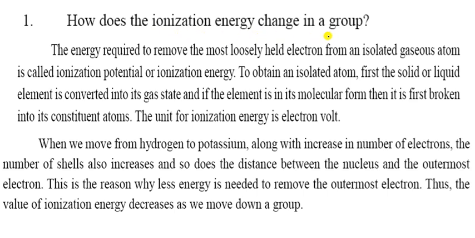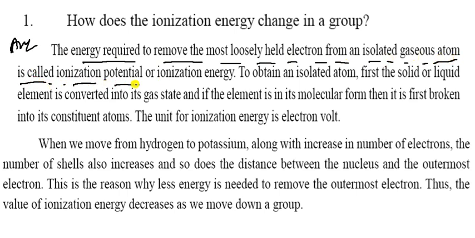How does the ionization energy change in a group? First of all, we want to know what the ionization energy is. Always remember that the energy required to remove the most loosely held electron from an isolated gaseous atom is called ionization potential or ionization energy.